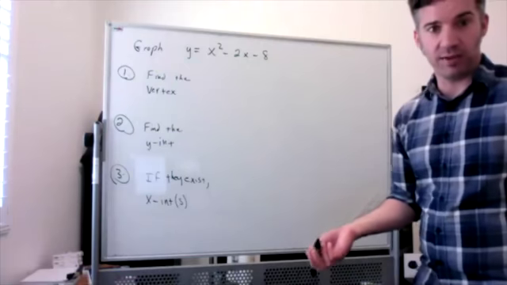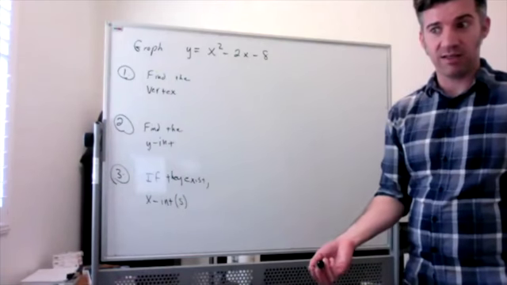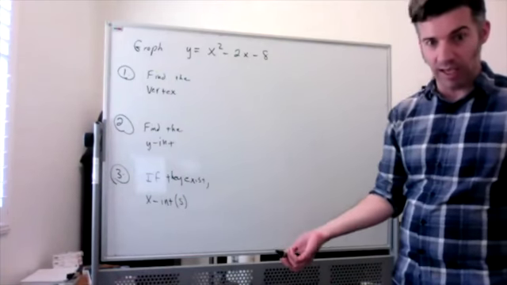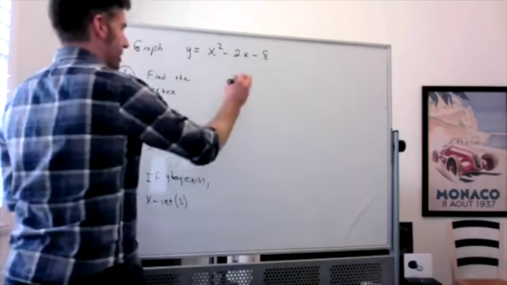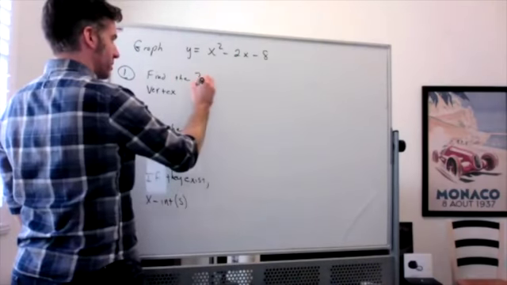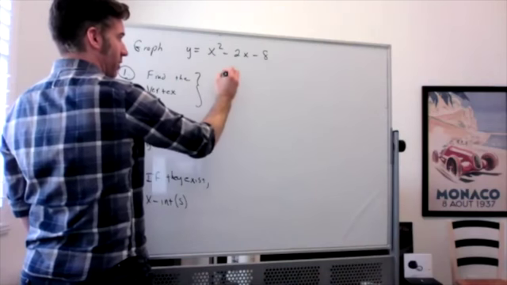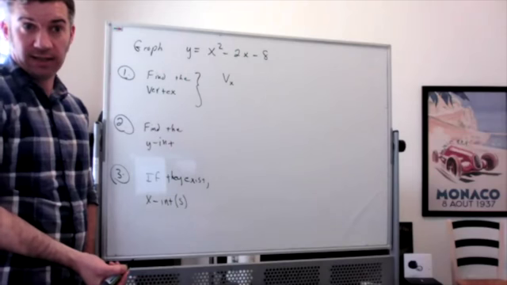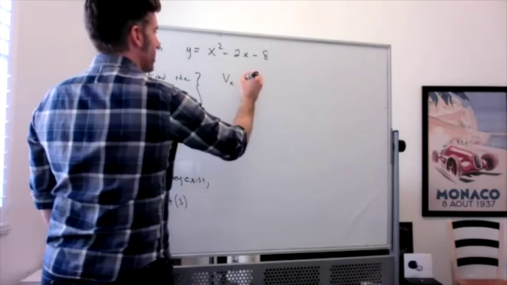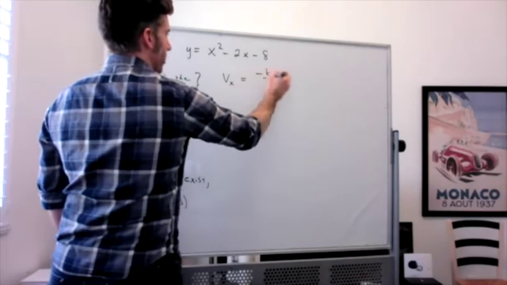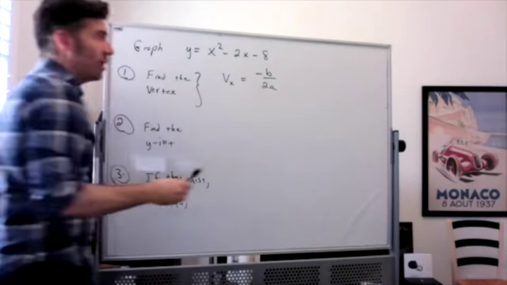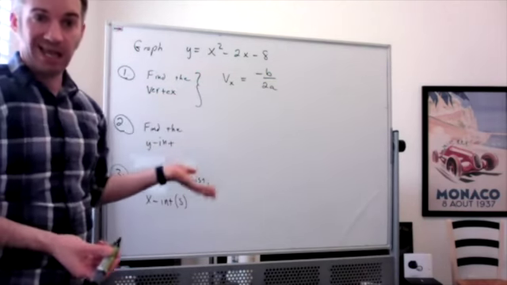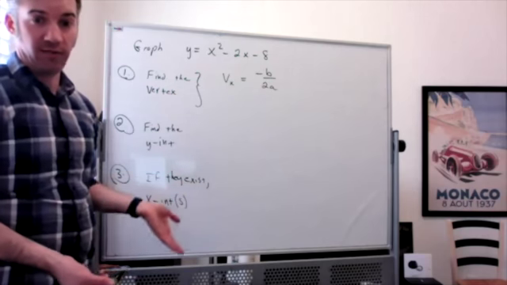So how do we find the vertex? There are a couple of ways, but usually the easiest is to use the fact that the x coordinate of the vertex, which I typically call v sub x, is negative b over 2a when it's written in the ax squared plus bx plus c form.